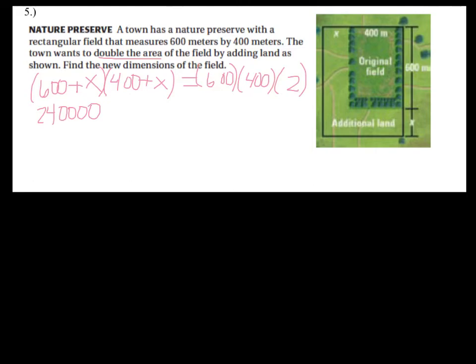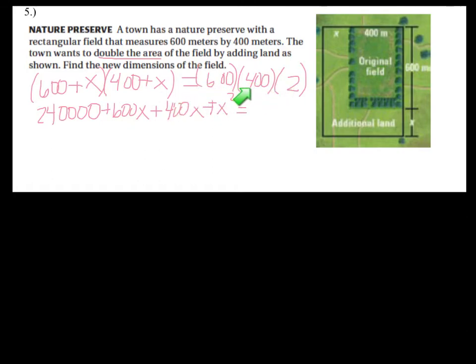So in other words, 240,000. Then I have my outsides, which would be 600x, my insides, which would be 400x. Plus my last term, x times x, will give me x squared.